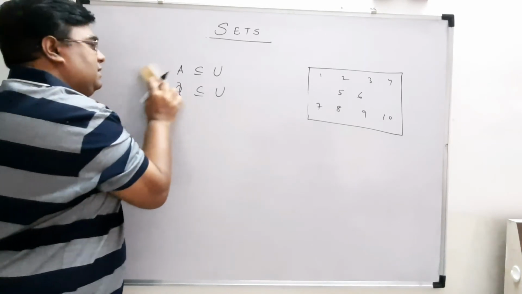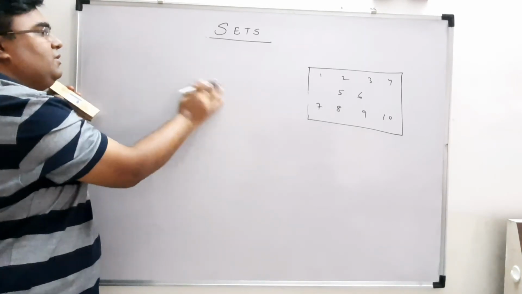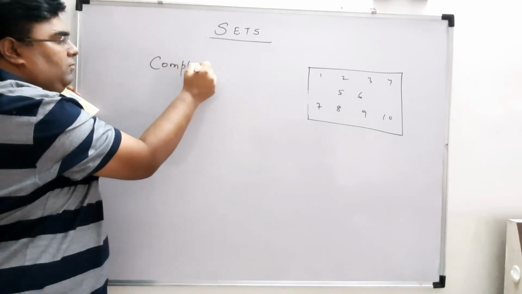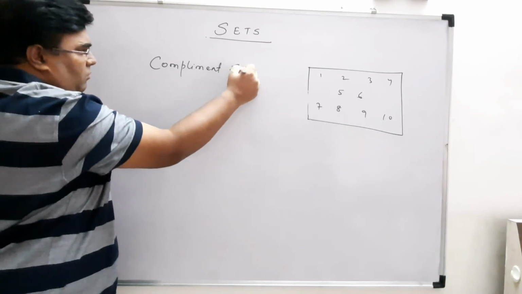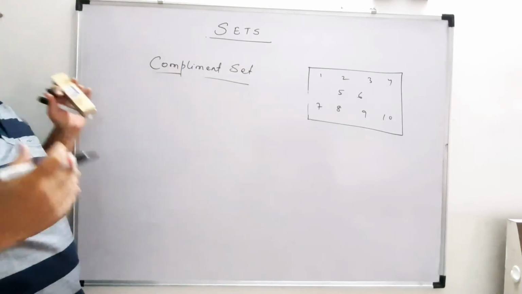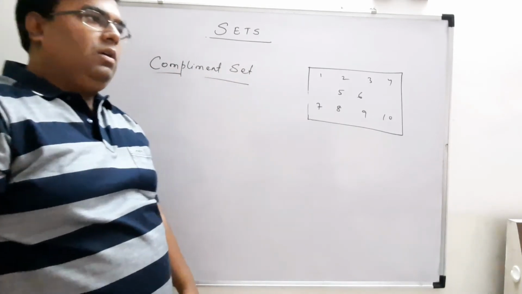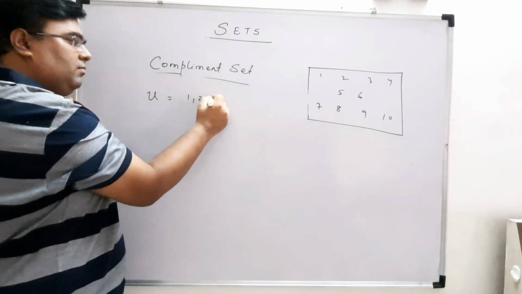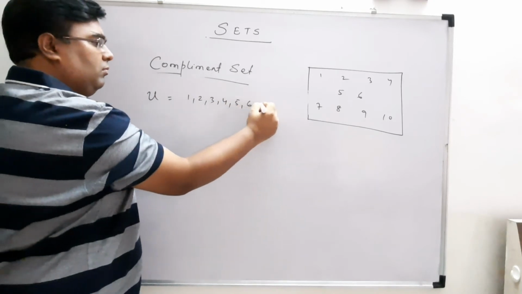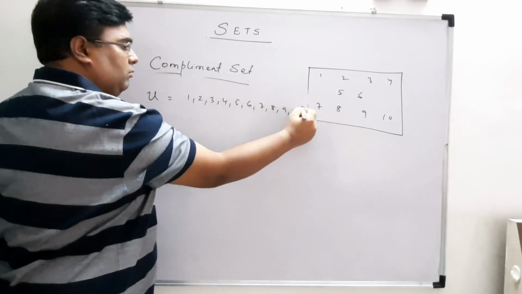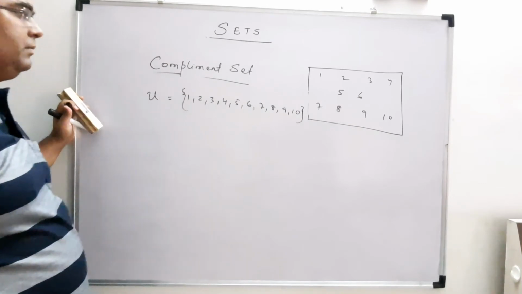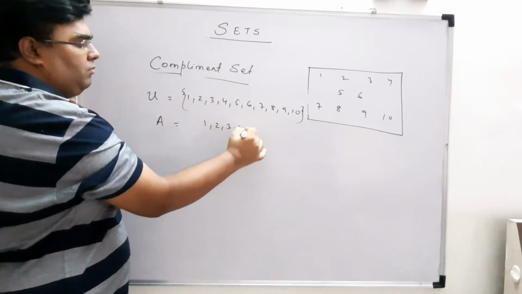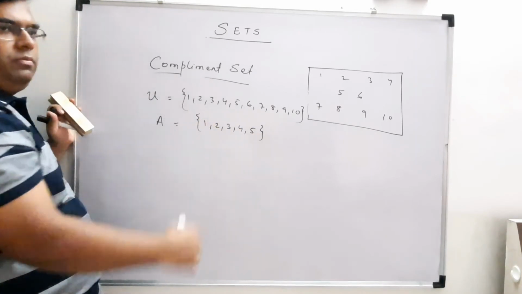Now let us understand another type of sets, which is complement of a set. What is complement set? Okay, suppose we have taken U, universal is given, right?